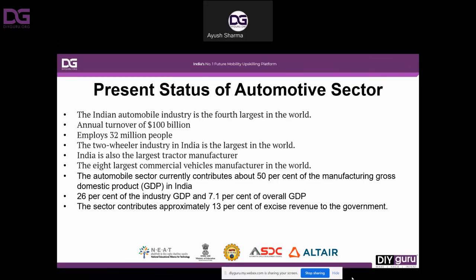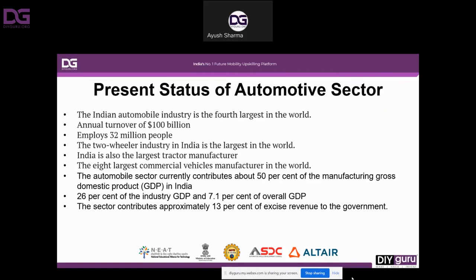We are having some different segments in the automotive sector, like two-wheeler, three-wheeler, and four-wheeler. And among these three segments, the two-wheeler industry in India is the largest in the world. So we can see that the two-wheeler industry is more prominent in this world.